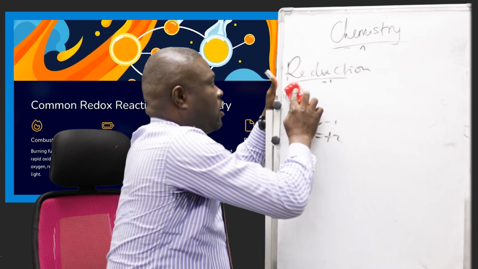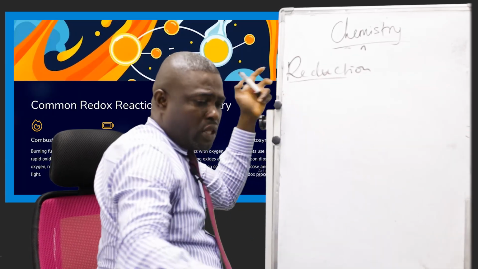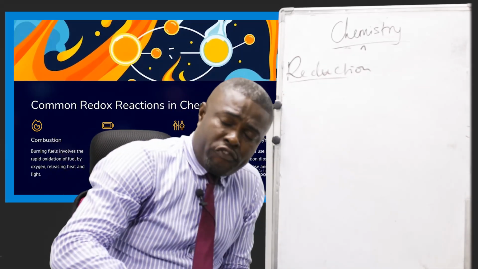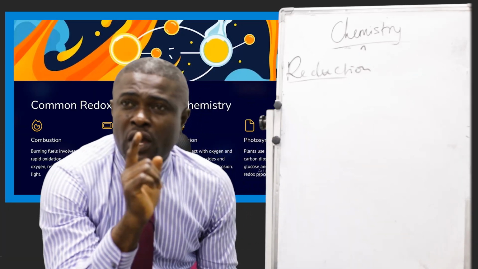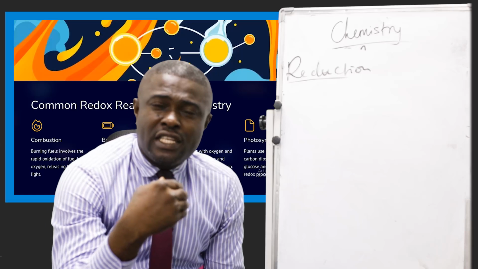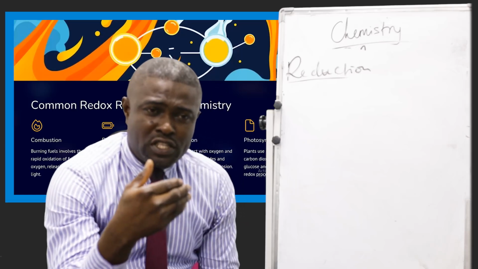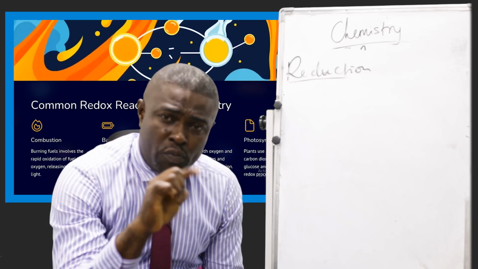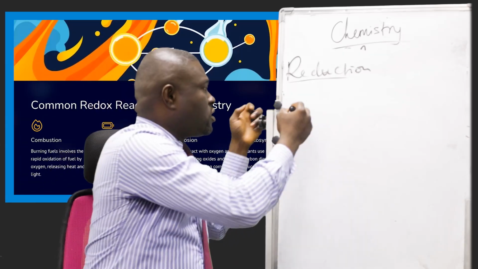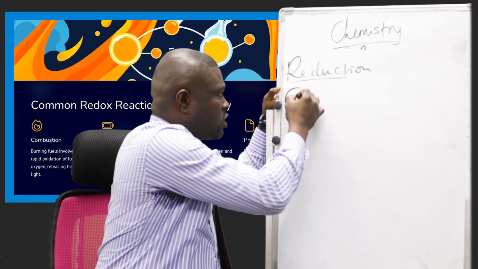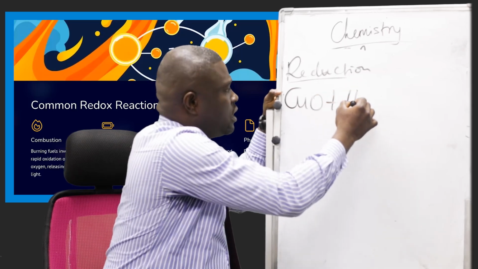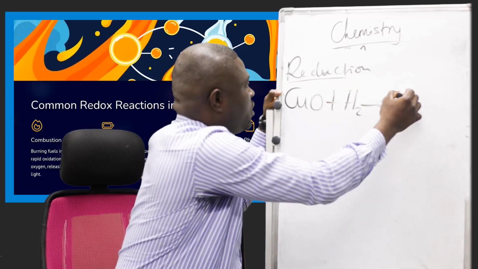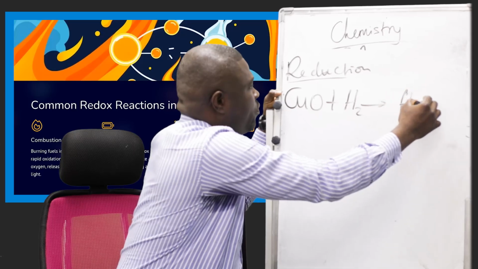Now the third one will become the removal of oxygen. Do not forget that we define oxidation as addition of oxygen. Reduction is now the opposite: reduction is removal of oxygen. Watch, I have copper 2 oxide reacting with hydrogen to give me water plus copper.